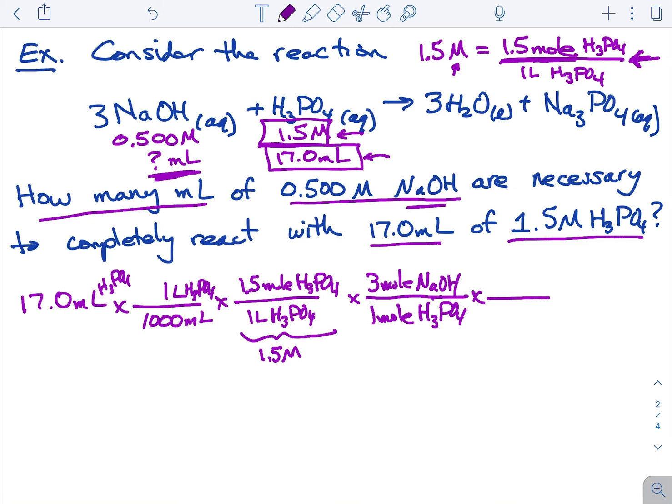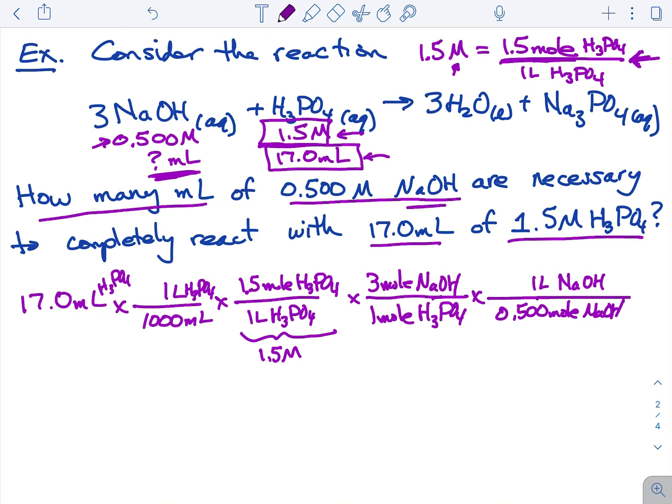And now we've got to get from moles to volume. Well, how do we do that? We're going to do the same trick we did just a second ago, except now we're going to use the molarity of the sodium hydroxide. So there's 0.500 moles of NaOH in a liter of sodium hydroxide solution. I know it looks weird because it feels upside down to people, but it doesn't matter because it's just a conversion factor.